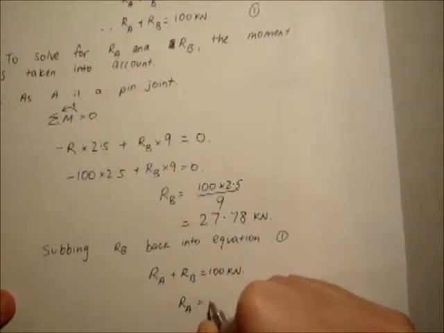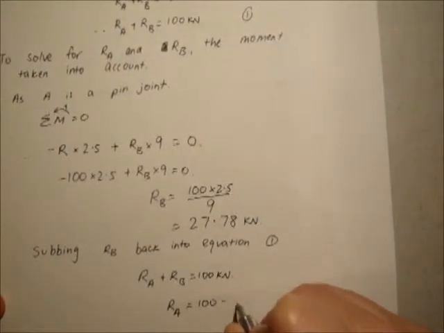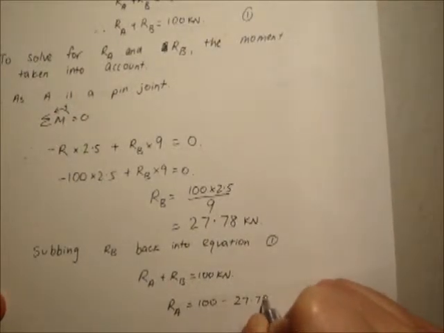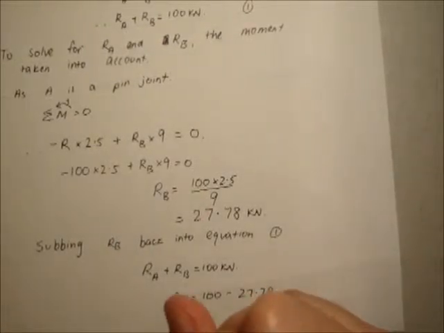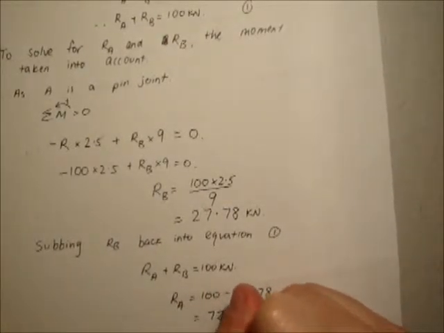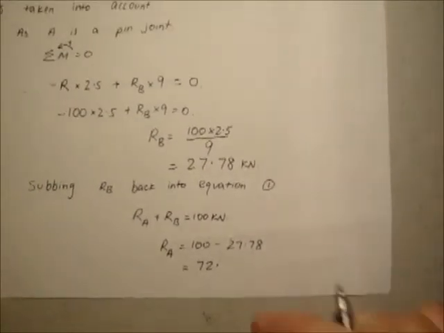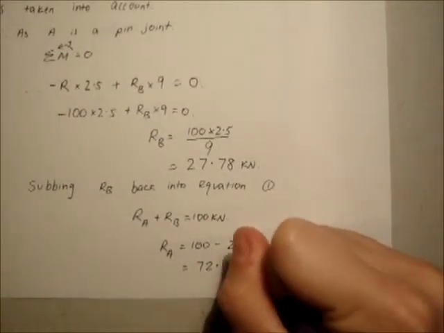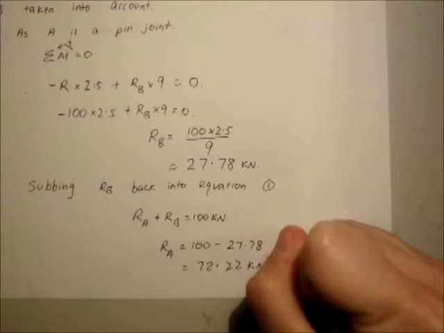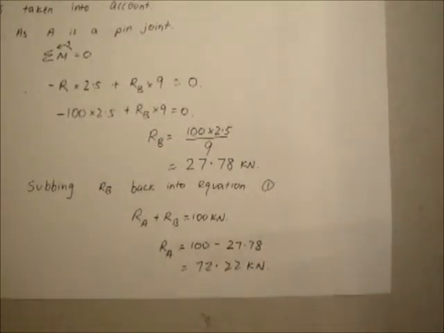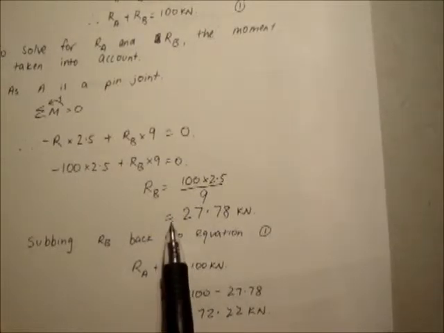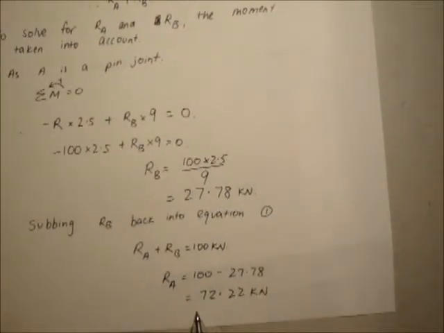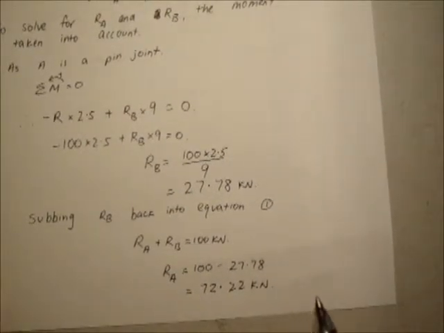RA equals to 72.22 kilonewtons. And since both RB and RA are positive, they are in the upwards direction.